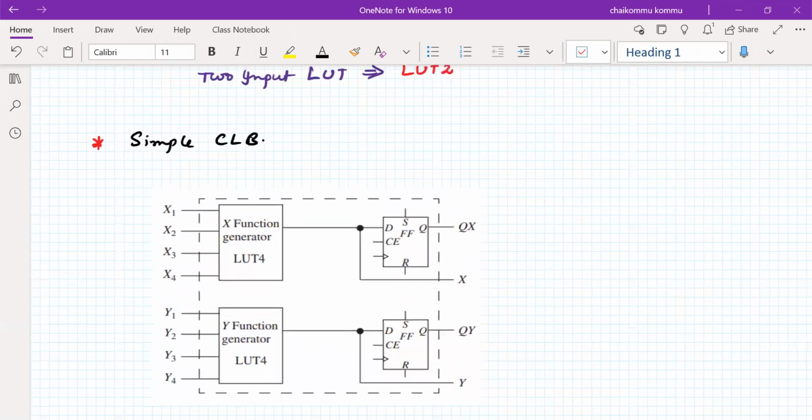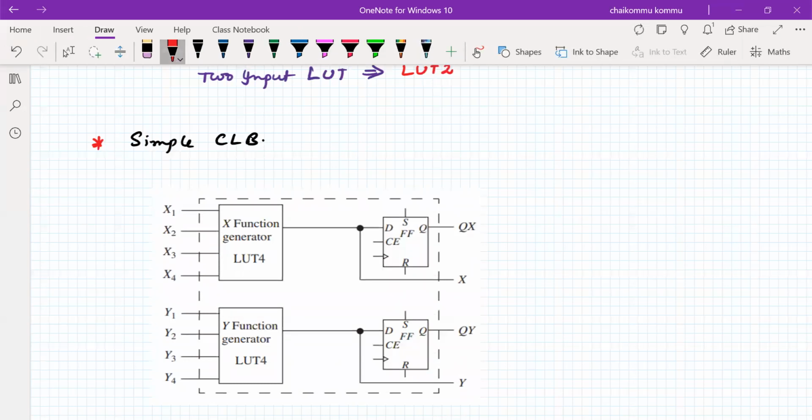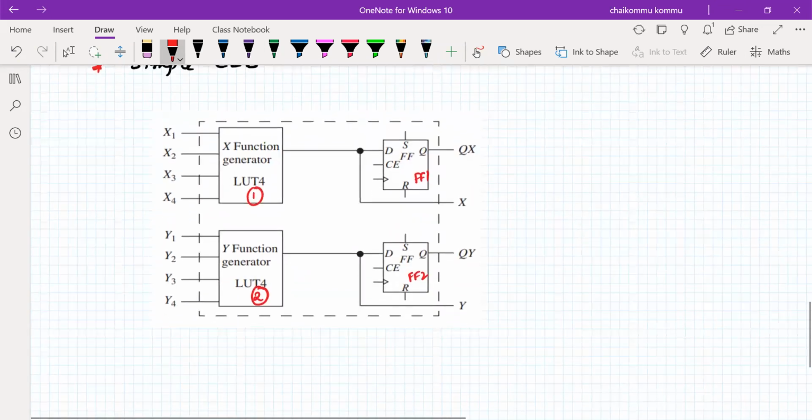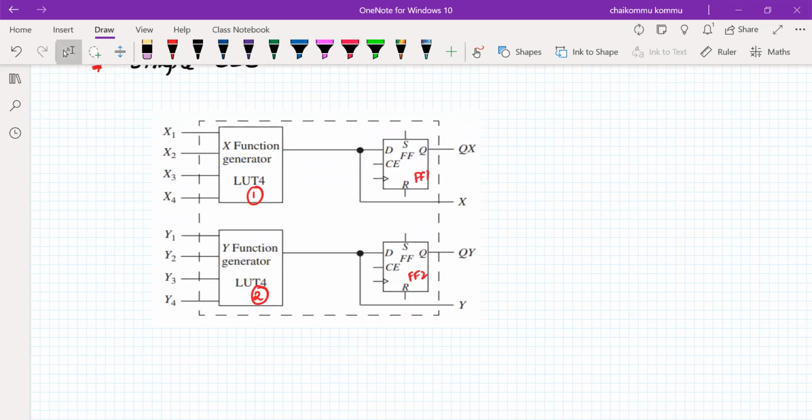We have two lookup tables, lookup table 1 and lookup table 2, associated with flip-flops, flip-flop 1 and flip-flop 2. Multiplexers will also be there, but they didn't show them for this basic CLB. This is a configurable logic block.